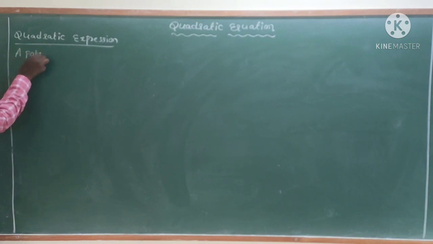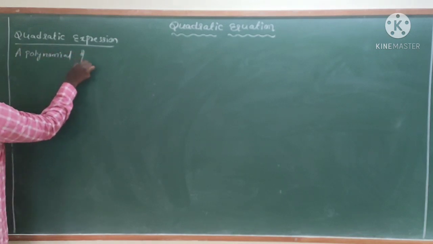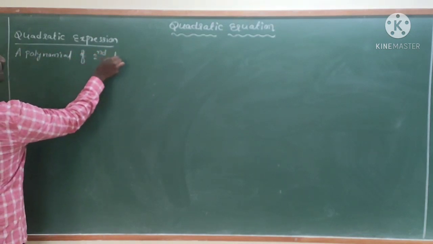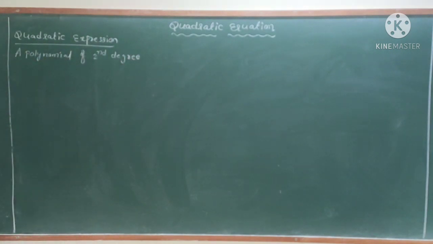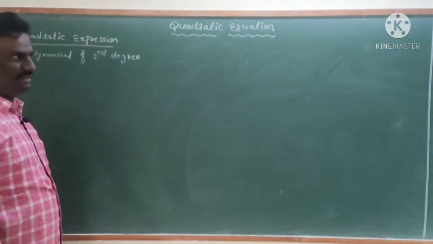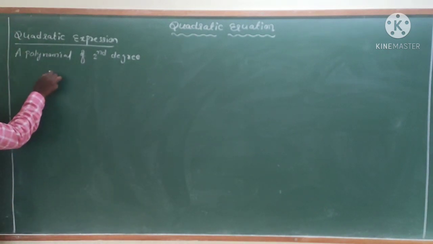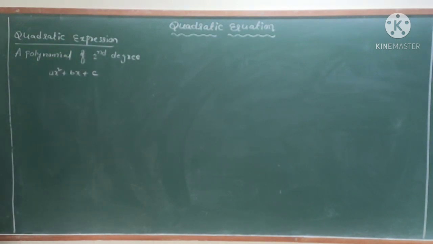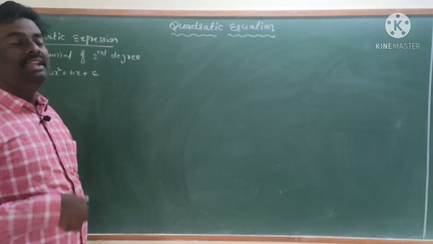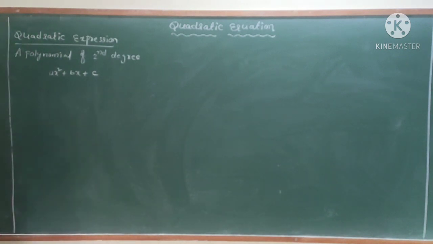A polynomial of second degree. It is in the form of ax square plus bx plus c.